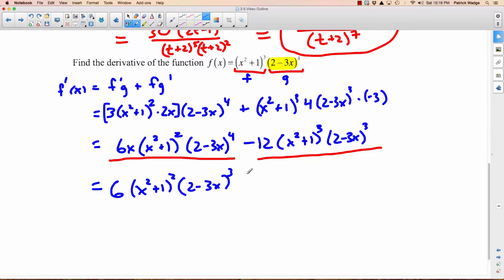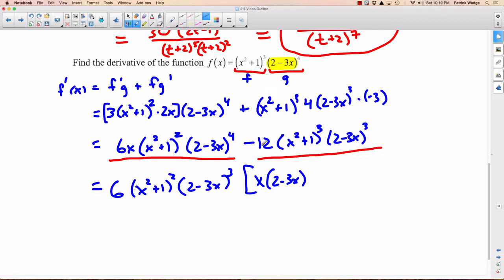Then what you have to do, as you always do when you take out a greatest common factor, is ask yourself, what do I have to multiply all this by in order to get this first bit, this first red line here? Well, the 6 needs to multiply by an x squared plus 1 squared, we already have that, but we only have 3 2 minus 3x's. You need 4, so you're going to have to multiply by another 2 minus 3x.